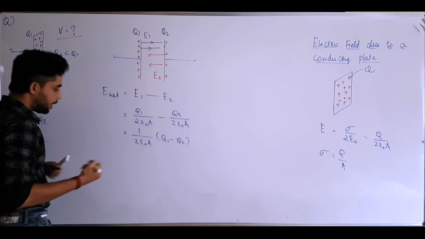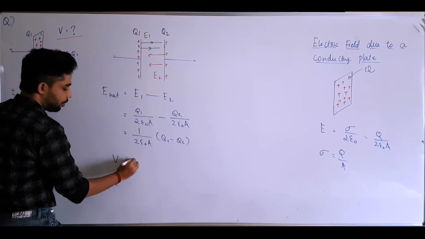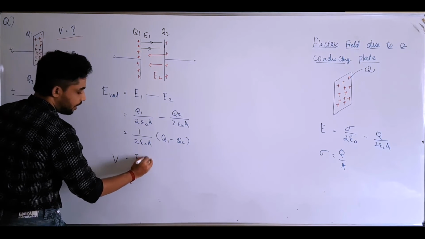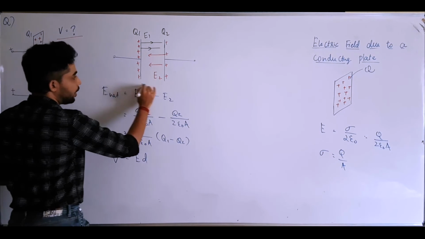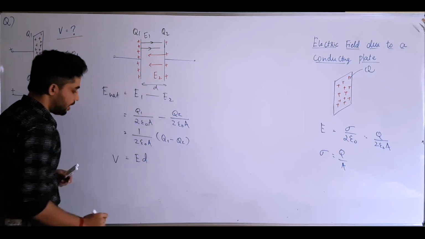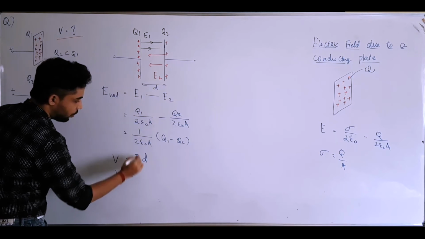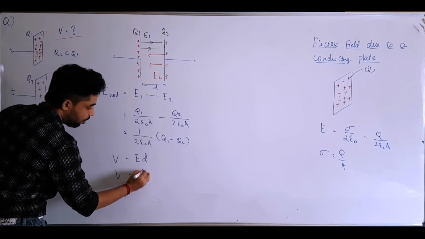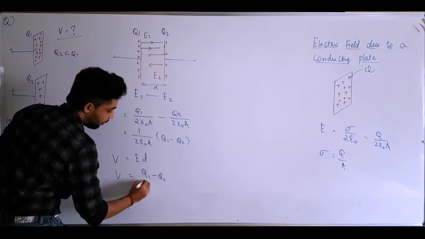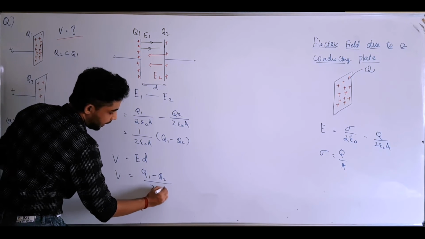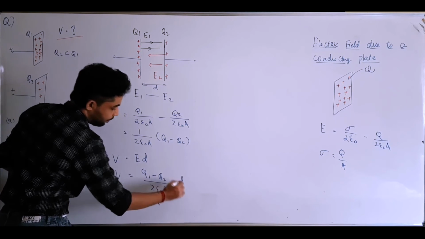From this I can find the potential. The potential is going to be the electric field times the distance of separation. Let me take this distance of separation as d. So V is equal to Q1 minus Q2 divided by 2 epsilon naught A, into d.